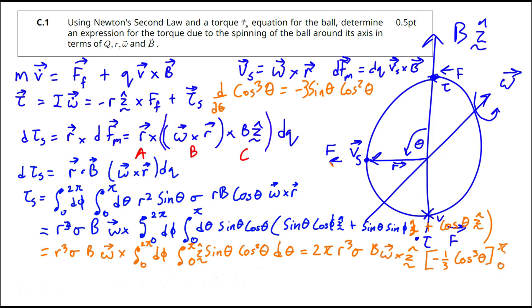Now when I do this, cos of pi is minus 1, and cos of 0 is 1, so I'm going to essentially get a factor of minus 2. So I do minus 1, and I get a factor of minus 2. If I put that all together, I already had 2 pi, now I'm multiplying by 2, cancelling out the minus I've got there, so that means I've got 4 pi, divided by 3, then r cubed b, and then omega cross z.